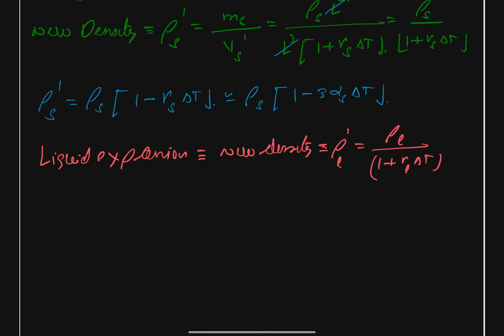Similarly, using binomial, we can write the new density as the original density times (1 minus gamma L multiplied by delta T).